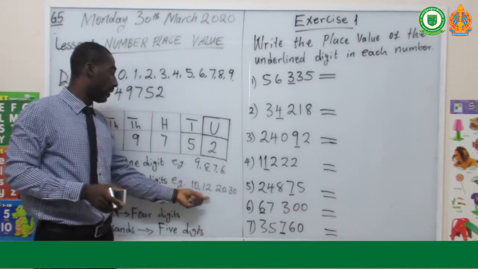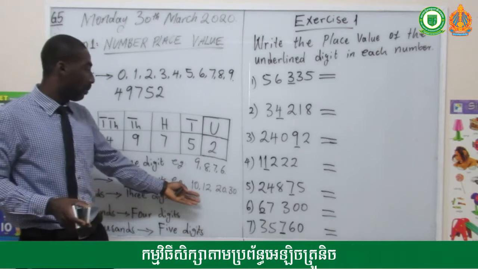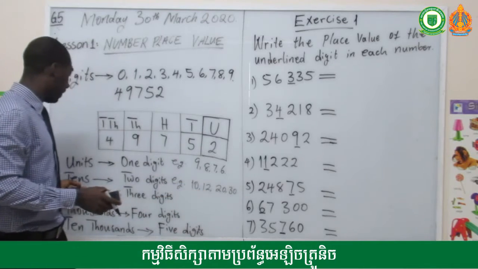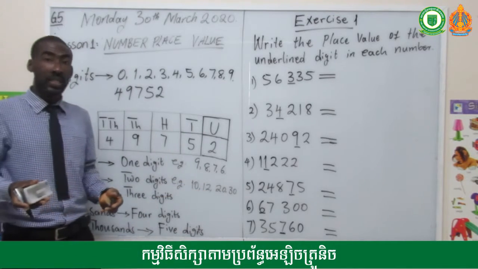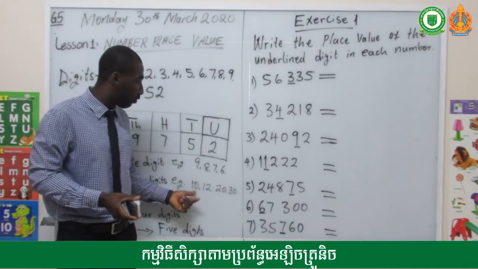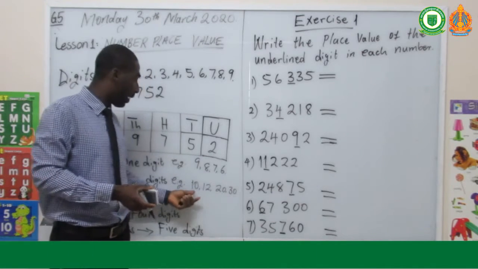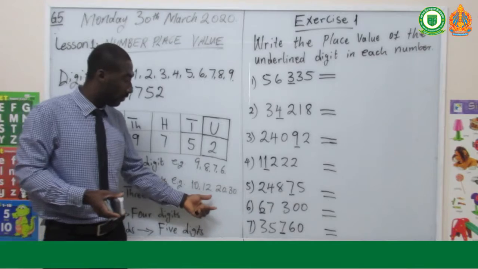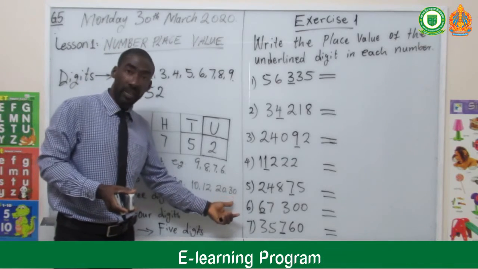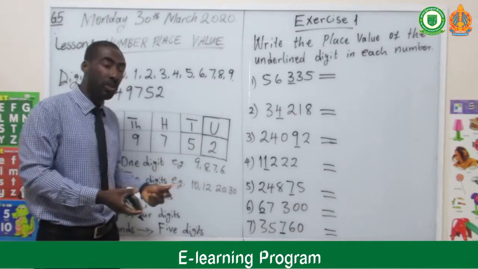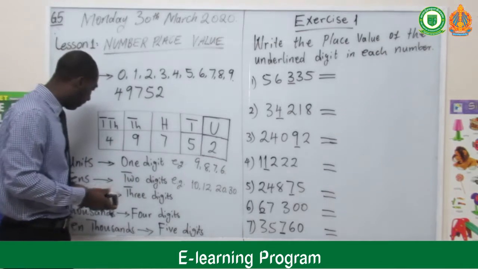These are also examples of 2 digit numbers which fall within your tens. So whenever we say tens, it means that we are talking about 2 digit numbers. You have your usual 10, 12, 20, and 30. These are in the category of tens.